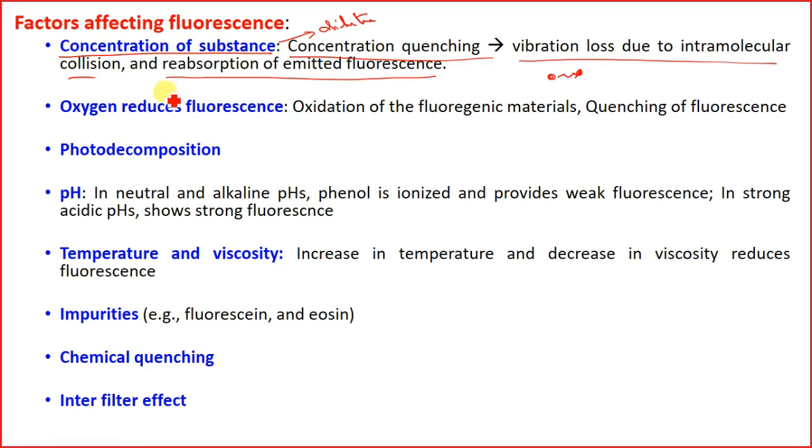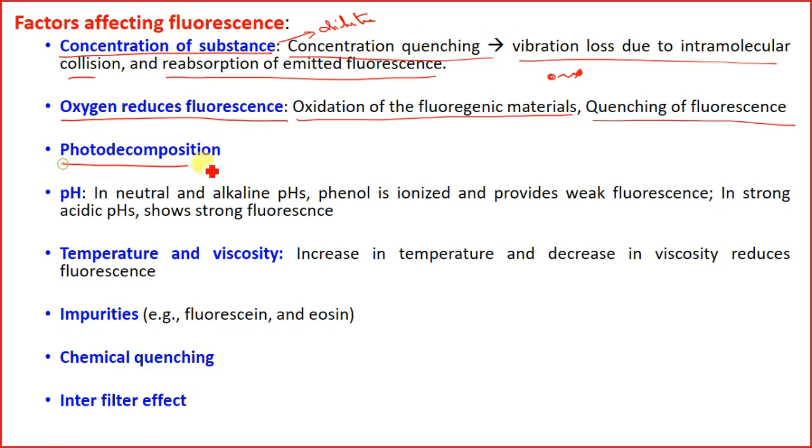The presence of oxygen reduces the fluorescence because it has the capability to oxidize the fluorogenic materials. This process is called reduction of the fluorescence. Due to the presence of oxygen, it is called quenching of fluorescence, and if the concentration is high, it is called concentration quenching.